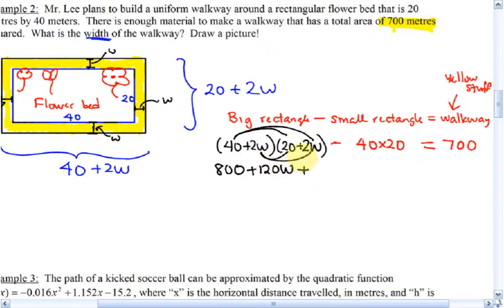Then 2W times 2W is 4W squared. And the 800 minus 800 equals 700 on the right-hand side.